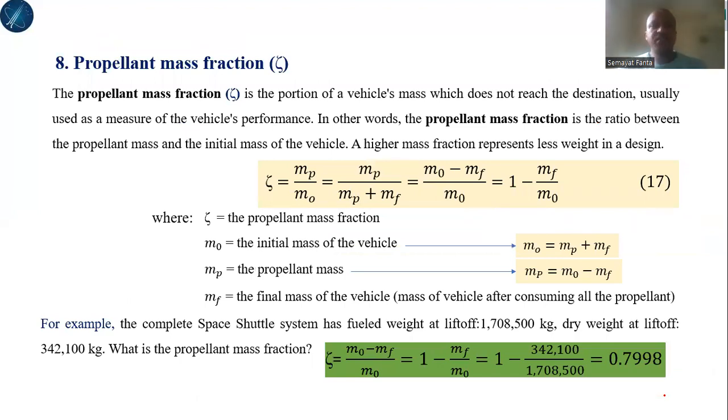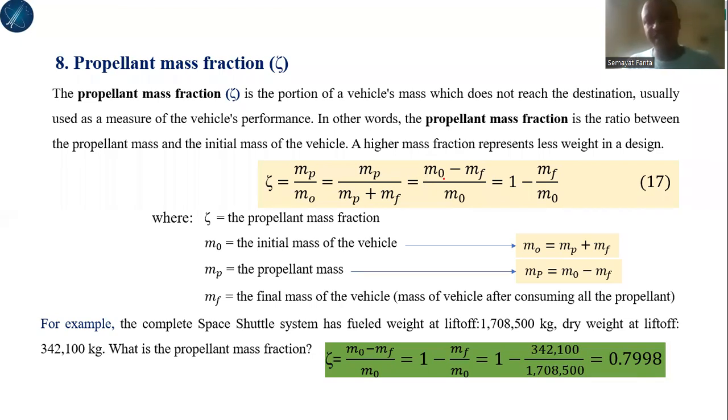Now another term is propellant mass ratio. Propellant mass ratio is the ratio of mass of propellant over initial mass. So from that, we can say mass naught is equal to mass of propellant plus final mass. Mass final means the dry mass of the structure, so this is wet mass and this is just propellant mass.